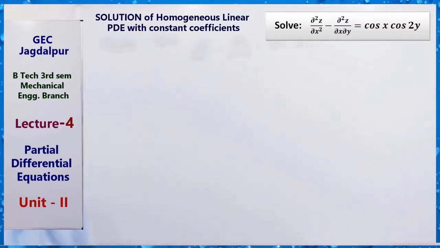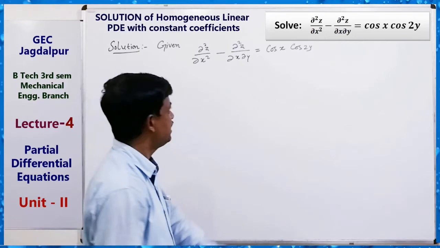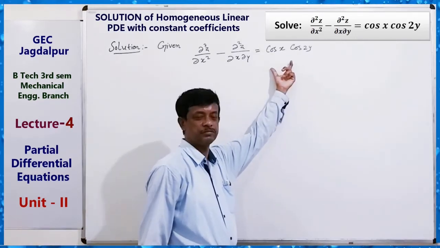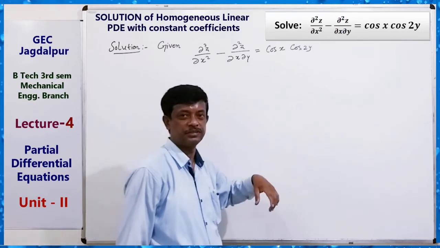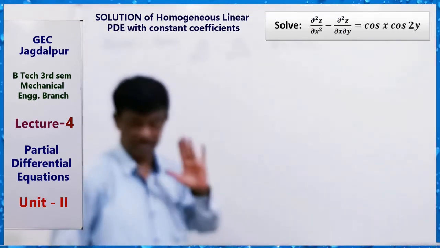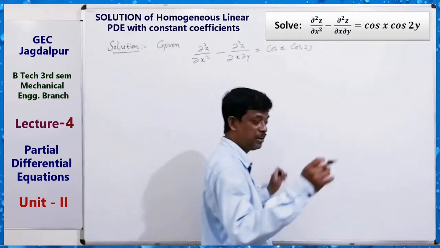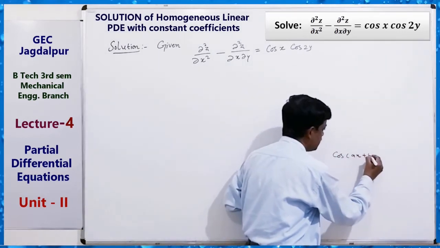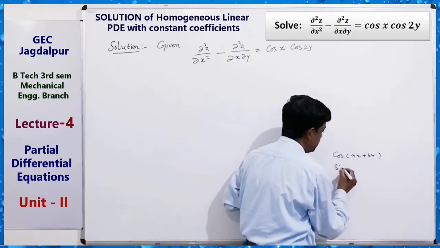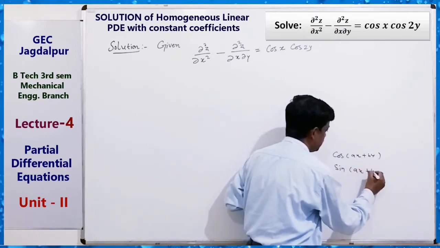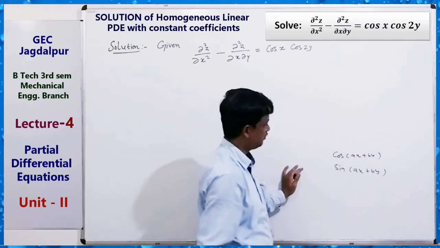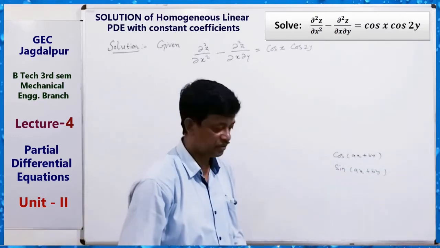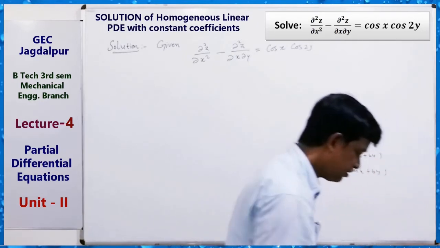This is given. Here we see that the right hand side is a product of two trigonometric ratios, but we have formulas for either cos ax plus by or sin ax plus by. If this type of combination is there, then we can find the value directly. We know. Okay.